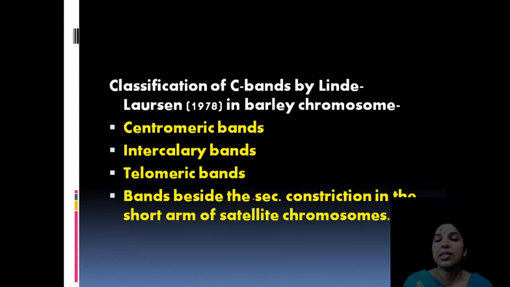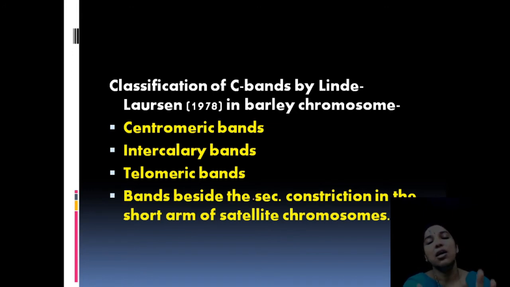So C-banding was classified in experiments in barley. Lindlorsen classified this into centromeric bands, intercalary bands, telomeric bands and bands beside the secondary constrictions in the short arm of satellite chromosomes.